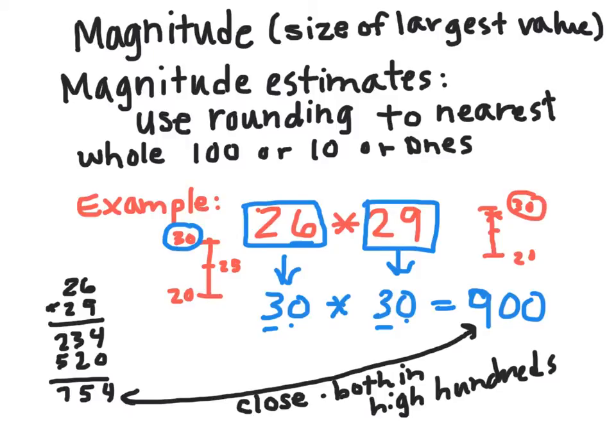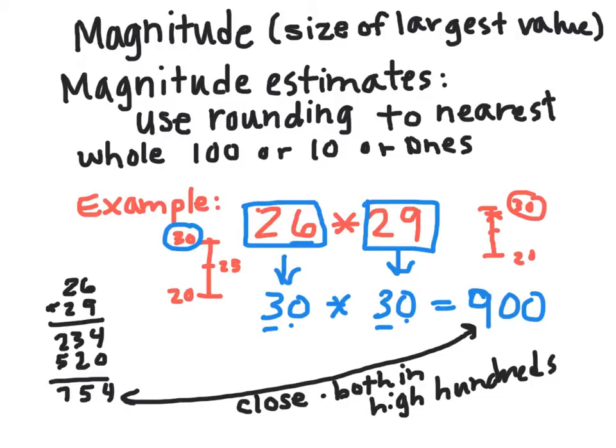So for instance, if you're working with a number in the hundreds, you're going to round and make your estimates based on rounding to the nearest hundred. If you have a number that is in the tens, you're going to round based on the nearest 10. Or if you simply have numbers that are less than 10, you can round to the nearest 1 or use a compatible number like a 2 or a 5.